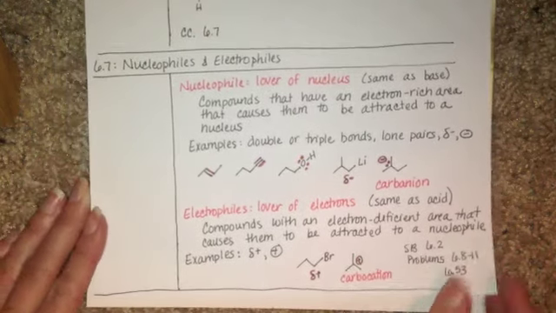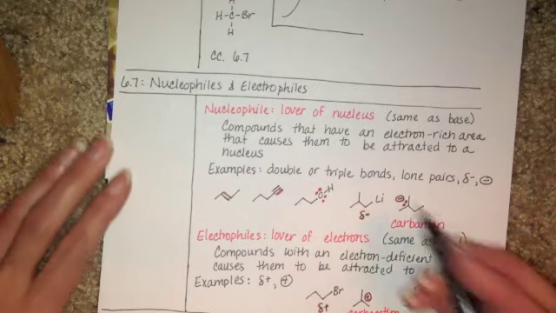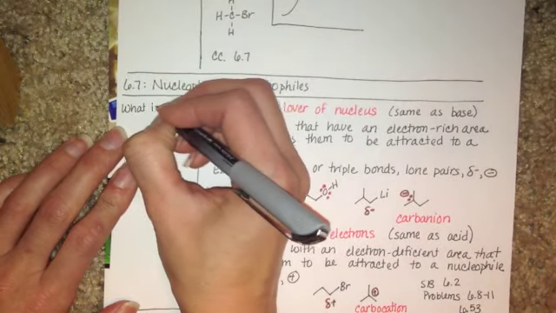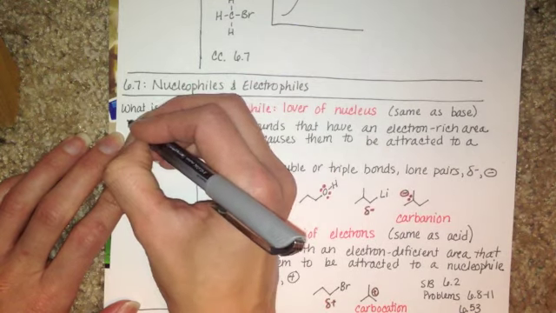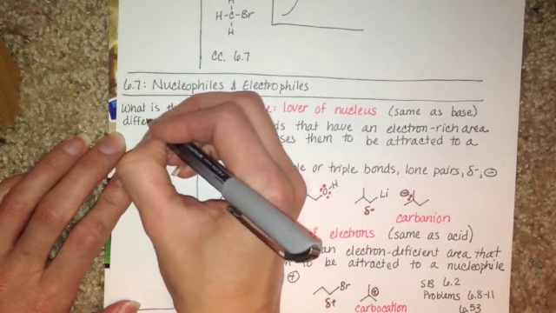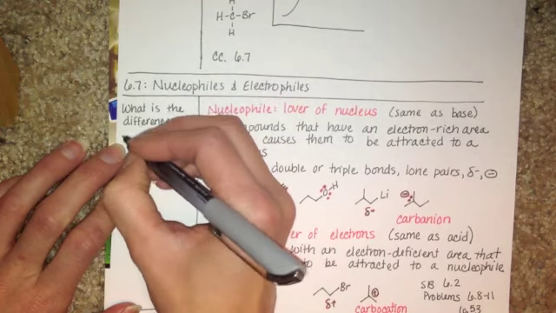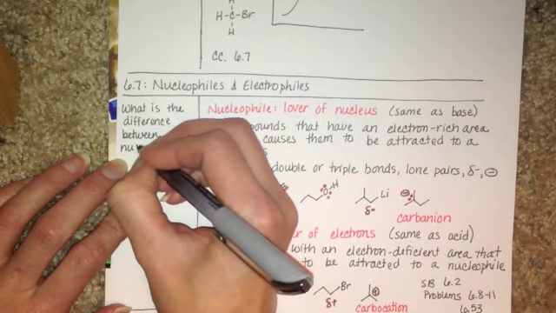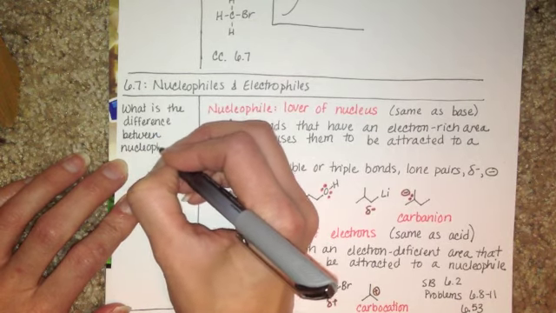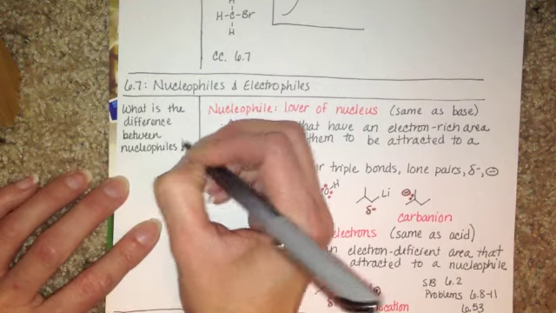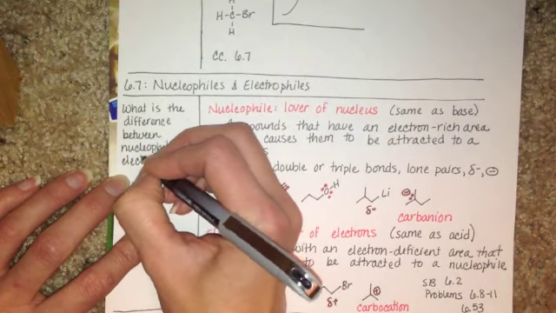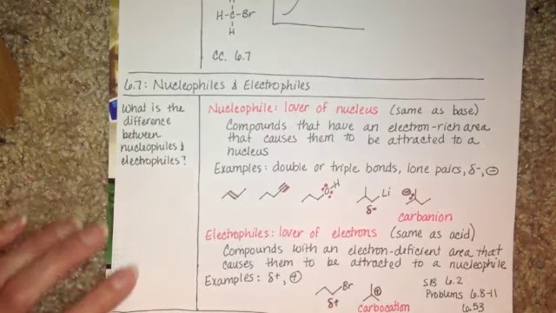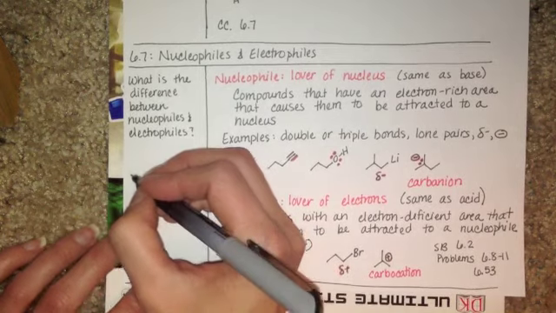And your study questions for this section would be, what is the difference between a nucleophile and an electrophile? And also, what are examples of each?